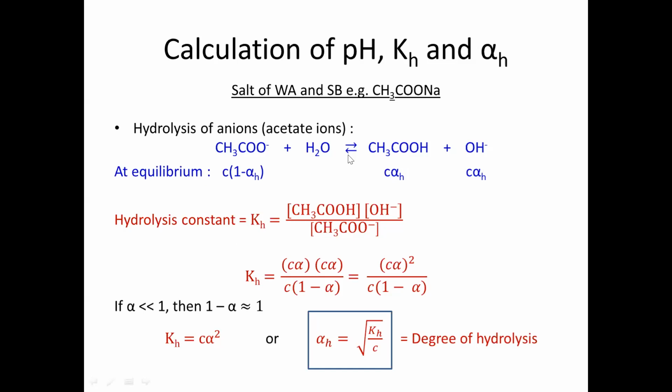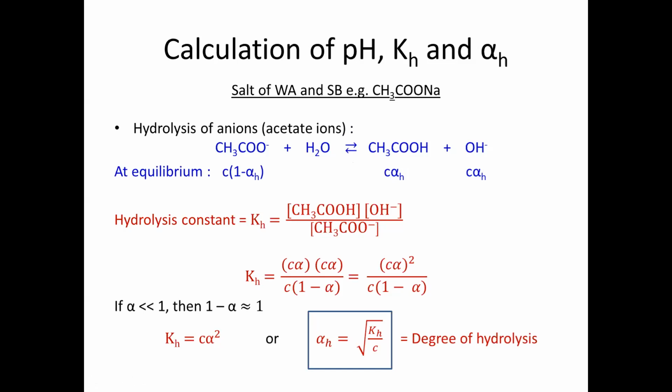How can we calculate this hydrolysis constant? This is the equilibrium constant of this reaction. Considering water to be practically constant, the concentration of water remains constant. So Kh can be written as the product of the concentration of the products divided by the concentration of reactants.